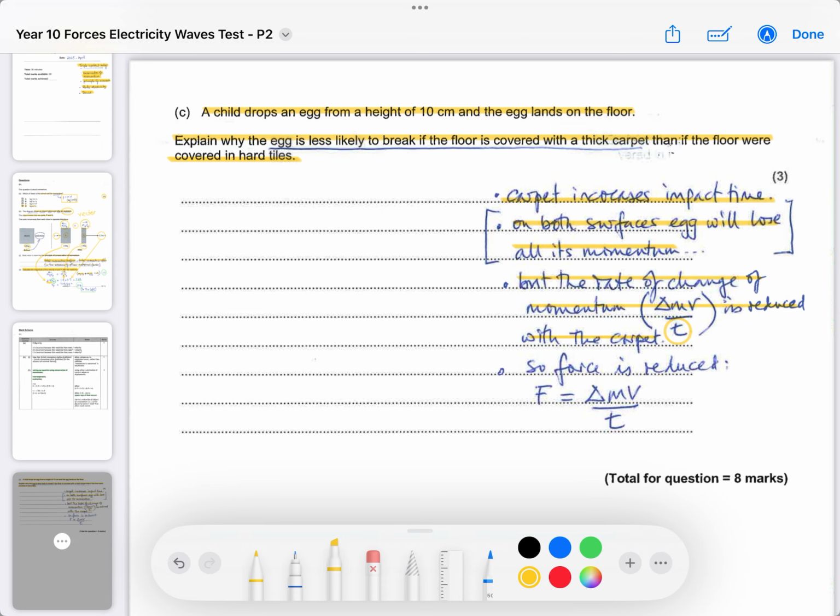So that's a very good mathematical statement, but we've got to do it in English. So, because of that, the force is reduced. And the equation for force related to rate of change of momentum is F equals change in momentum, delta means change, over time taken. So whenever the time goes up, the force goes down.